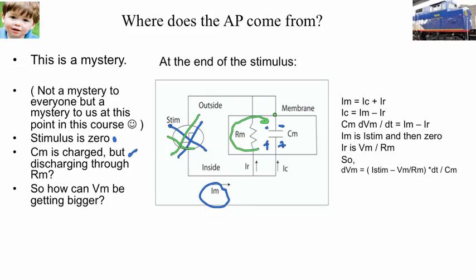The question is, how can Vm be getting bigger instead of smaller? What we are seeing is not that charges are leaving the membrane capacitance, but that charges are being added to the membrane capacitance. It just doesn't seem right, and it certainly is not consistent with the way we have described things so far.